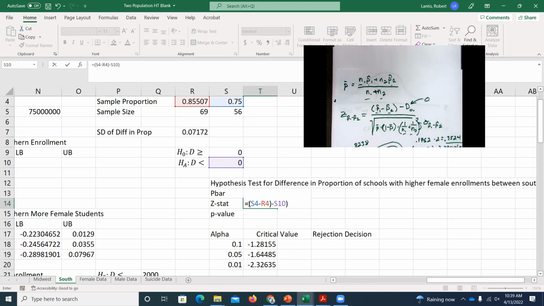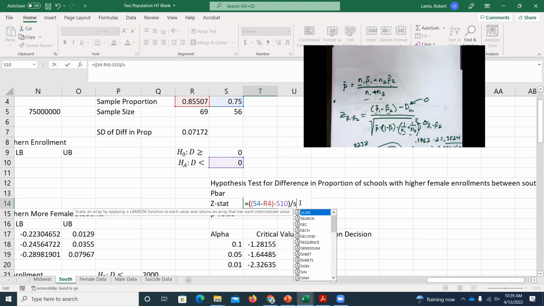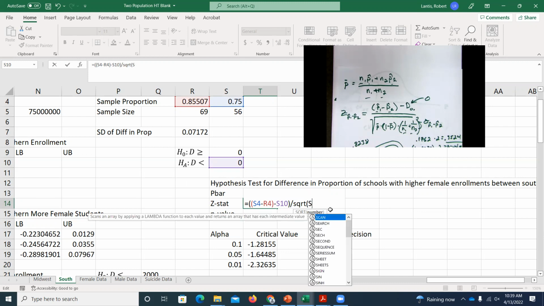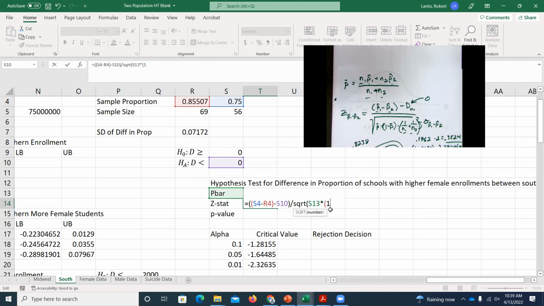I've got to make sure I put this all in parentheses so that identifies this is my numerator, and I want to then divide that by the square root of all of this. So the square root of P bar, which is up in cell S13, times 1 minus P bar, which was in S13. Kind of annoying that I can't just select it.